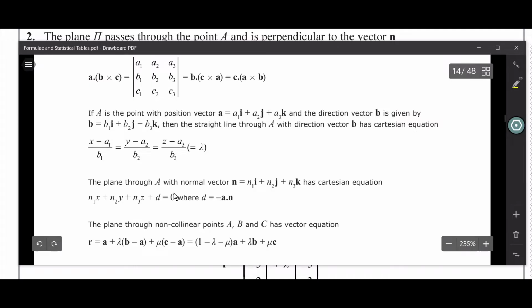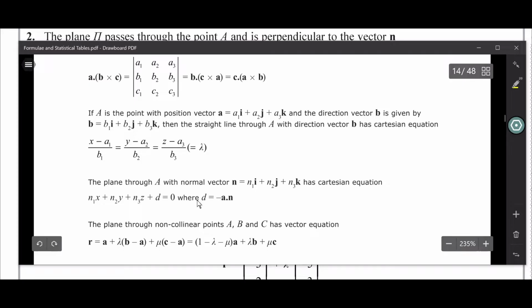So if we take this d over to the other side, we would have minus d equals a dot n. So the minus essentially goes to the other side.